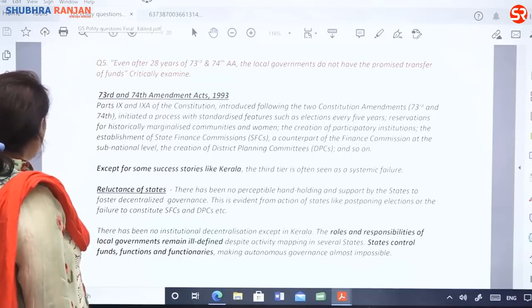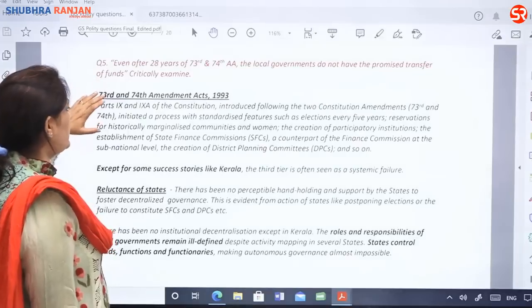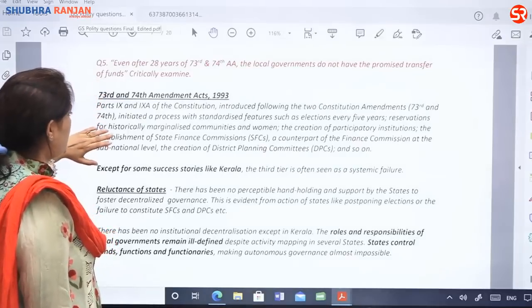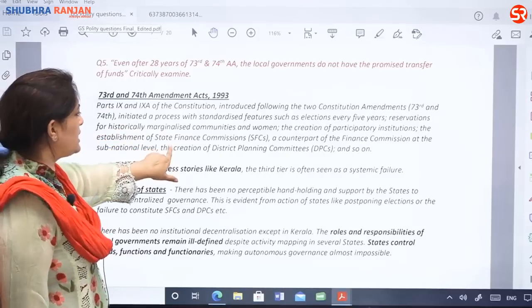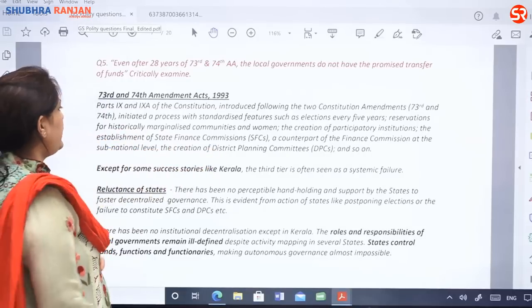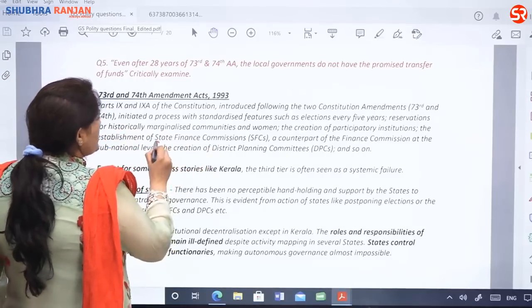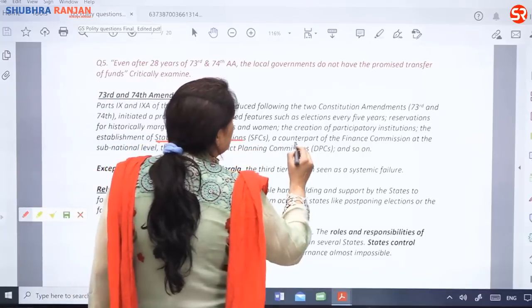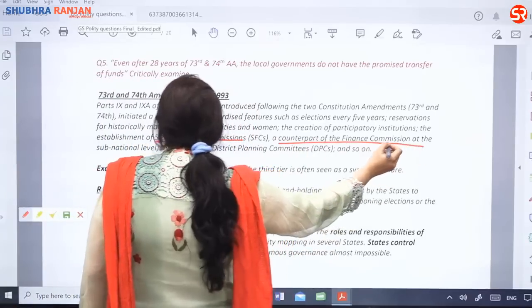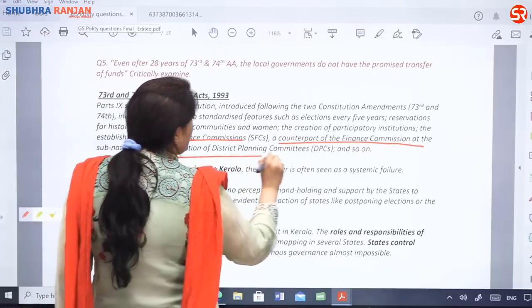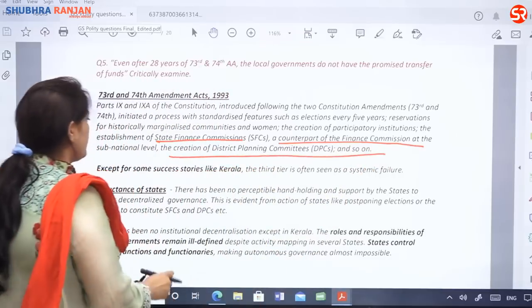So what you have to write about 73rd and 74th Amendment Act, and especially which provision it makes. Establishment of State Finance Commission, a counterpart of finance commissions, and the creation of district planning committees.